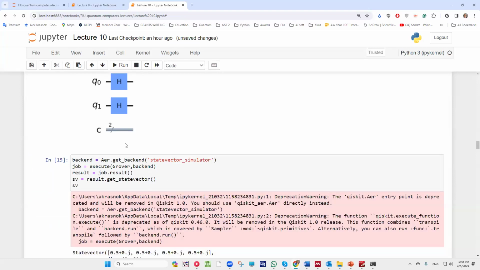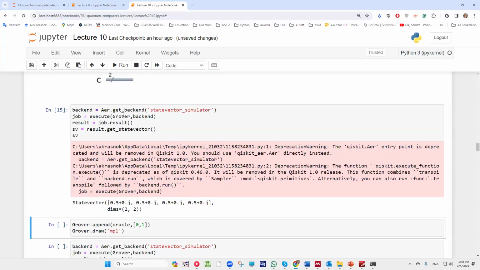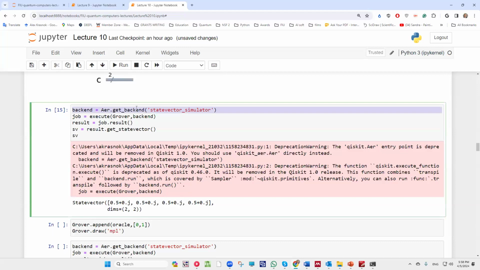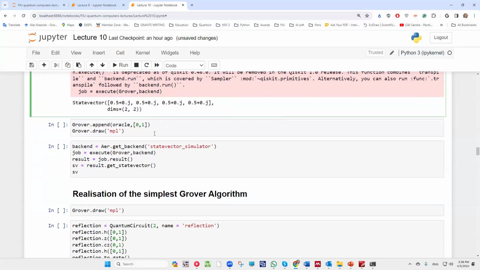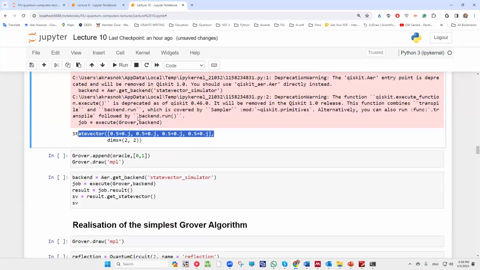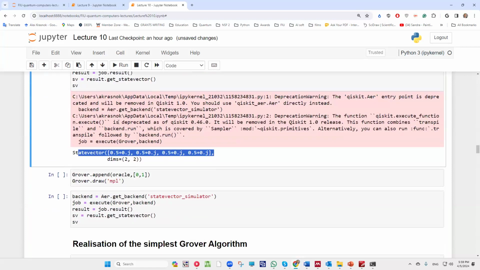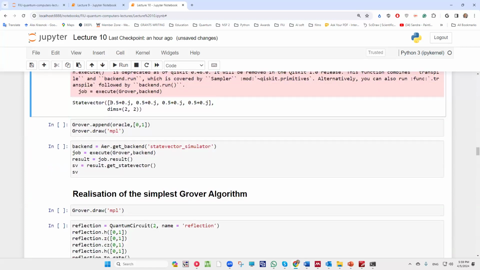Let us check that the state we created is indeed a superposition using the state vector simulator. We discussed this one when we were talking about the Qiskit system. I guess that was lecture 8. And indeed, the result of this simple circuit is the balanced superposition state: 1/2, 1/2, 1/2, 1/2.